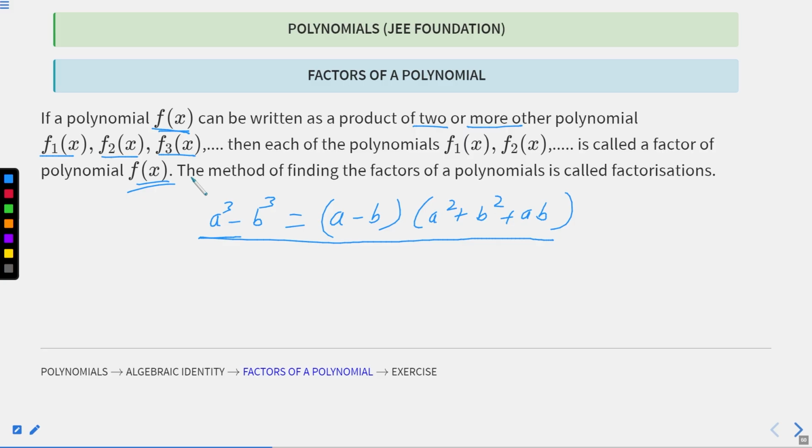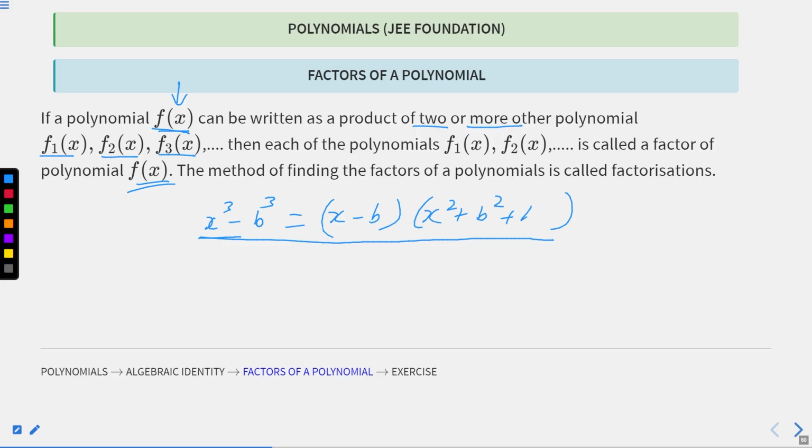Here, if we say this is some number x, and this is a constant number, say b, then I am just replacing a by x.